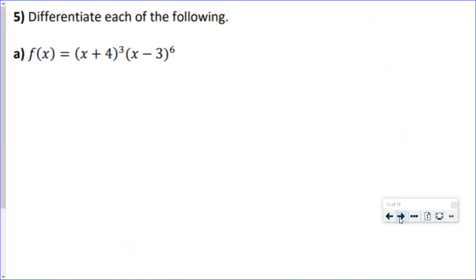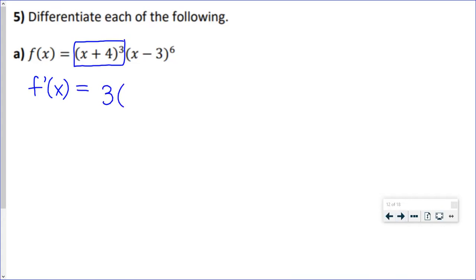Okay, so I'm going to start with f prime of x because I am differentiating. I'm solving for the derivative. And I'm going to start with taking the derivative of the first function. So I'm going to bring the 3 down.